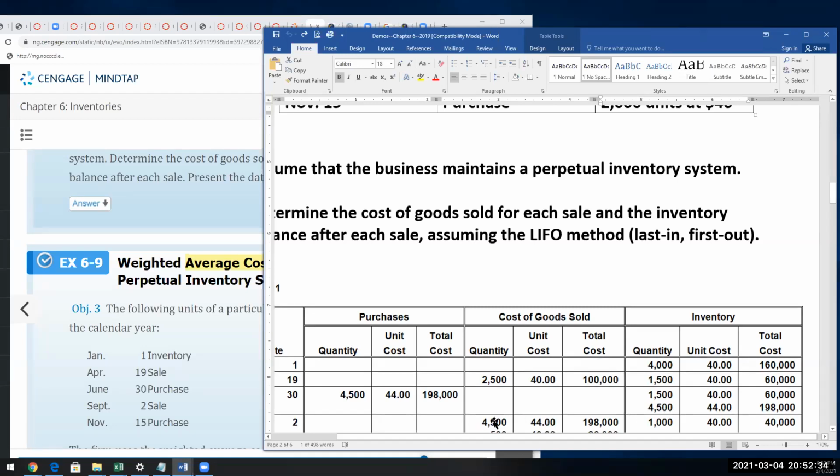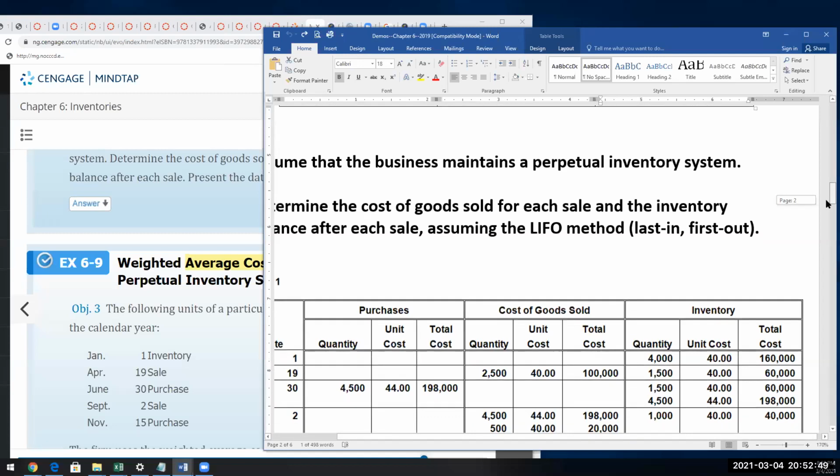But I still need 500 more to get to the goal of 5 grand. So I have to dip into this 1,500 pile, still have 1,000 left. There's my 1,000. And so if you look over here in the middle, you can see that the additional 500 items were taken from the beginning inventory amounts. And that's why there's 1,000 left. Because I had 1,500, I had to give up 500 more to make this into 5 grand.